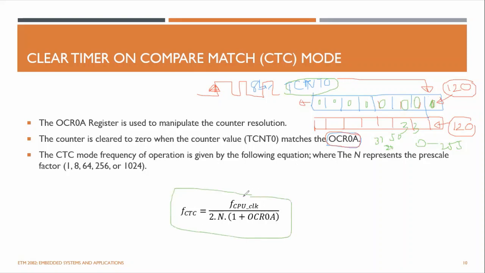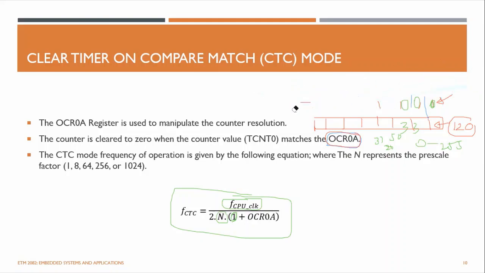And the frequency of this generation, the waveform, if you want to generate a waveform, is given by this one. This is the available CPU clock frequency, this is the pre-scaler value, and divide by 1 plus OCR0A. So this is the OCR0A value. I don't know where this came from, and divide by 2.